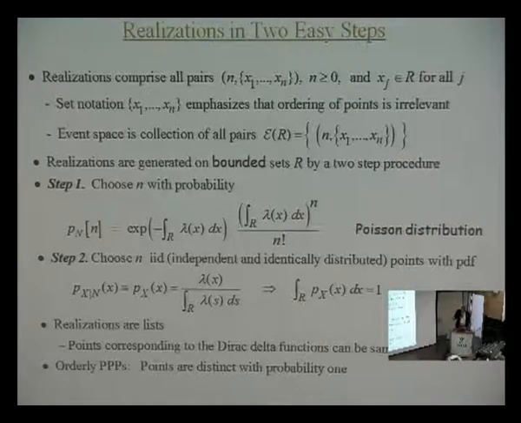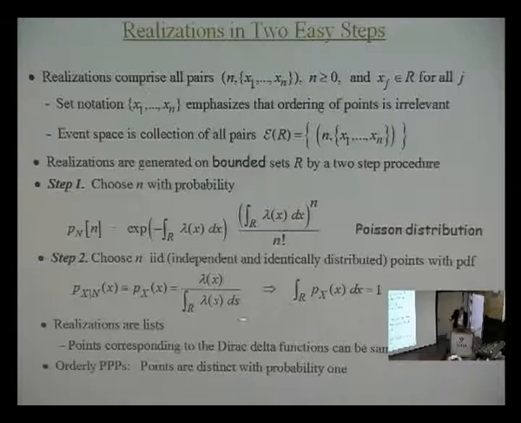The second step is to distribute the 87 points over the region R according to this PDF, and you can see from this definition it clearly is a PDF. It's a PDF that is proportional to the intensity function restricted to the domain R. So these are IID samples given the number, and that's it.